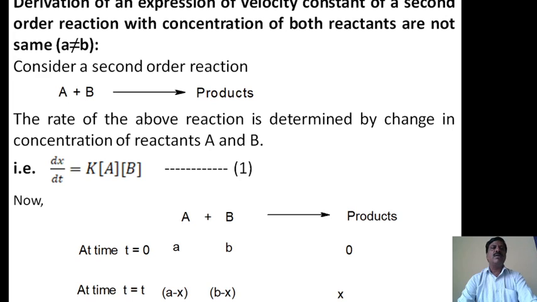Now, the derivation of the expression of the velocity constant of a second order reaction when the concentrations of both reactants are not the same, that is, A is not equal to B.